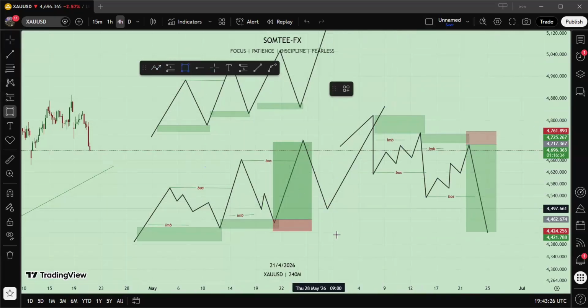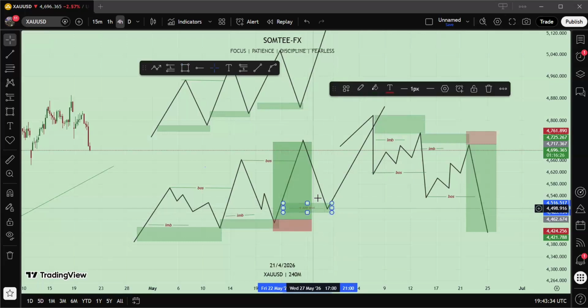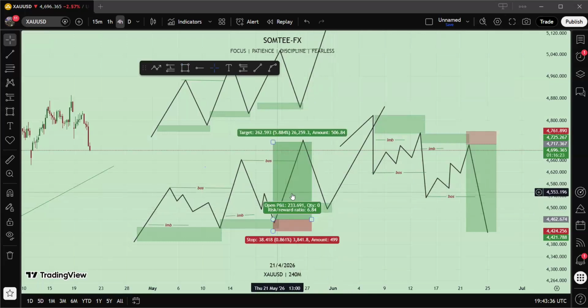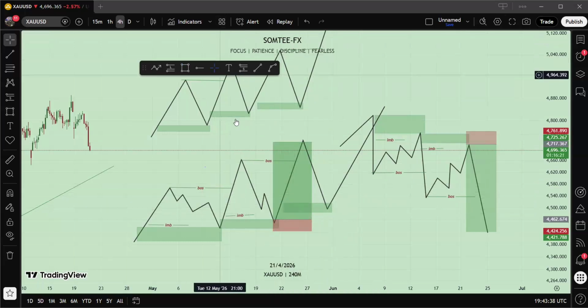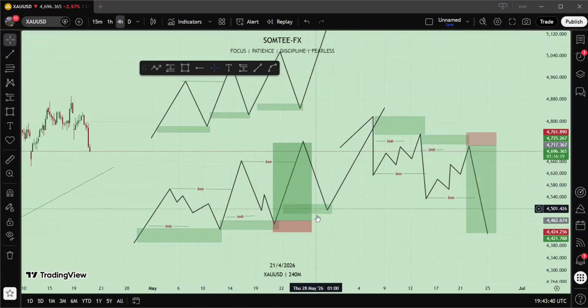Let me map it out. I'll also show you where your stop loss will be. This is demand zone 3. It's the fair value gap. You are buying from this particular zone again.